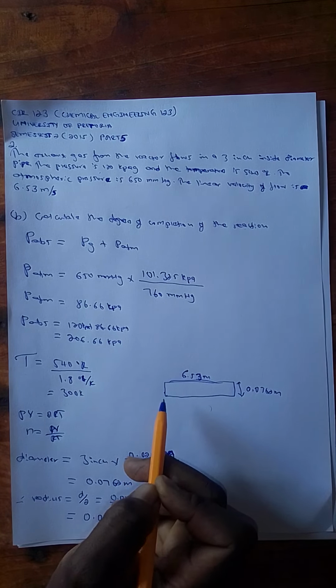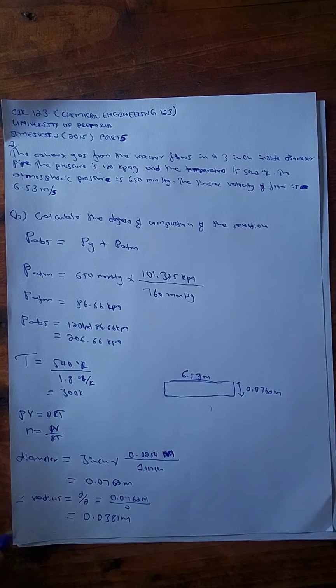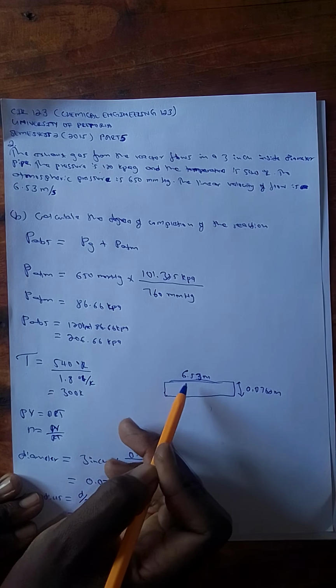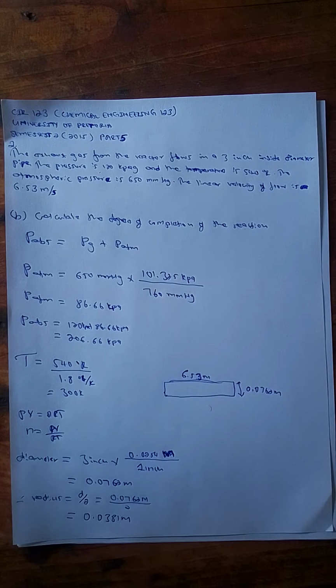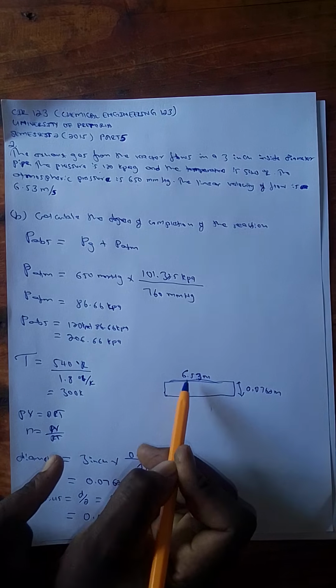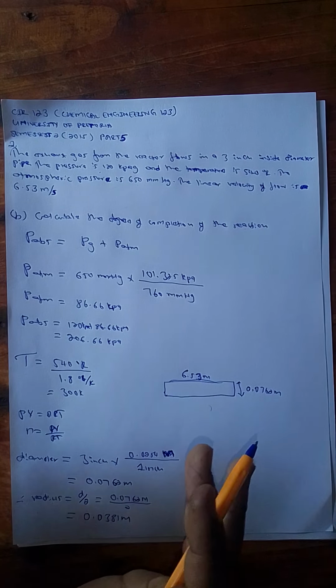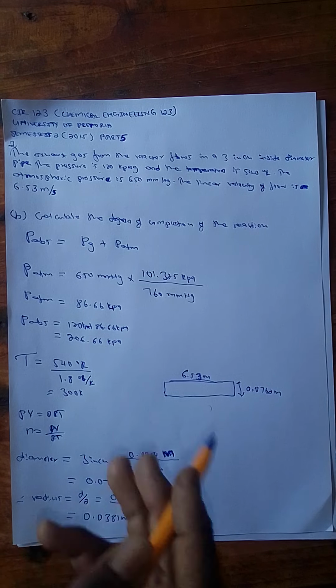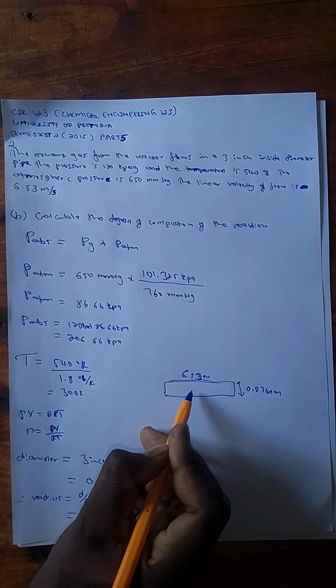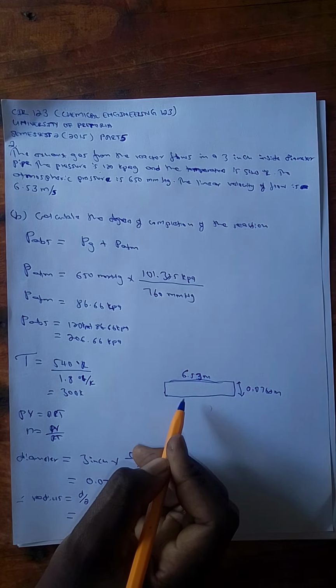However, it's important to note that this is a linear velocity, the pipe is not 6.53 meters long, but for us to get the volume, we can focus on 6.53 meters, and then calculate that volume per second or per time. In this case, it's going to be per second. I hope that's much clearer.